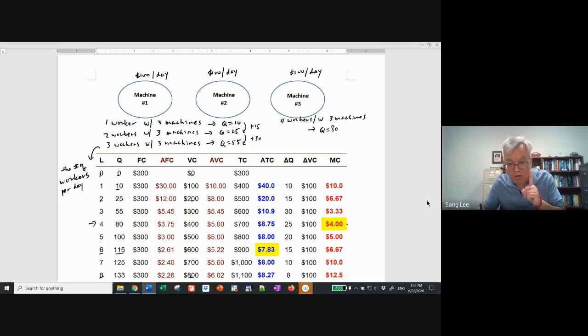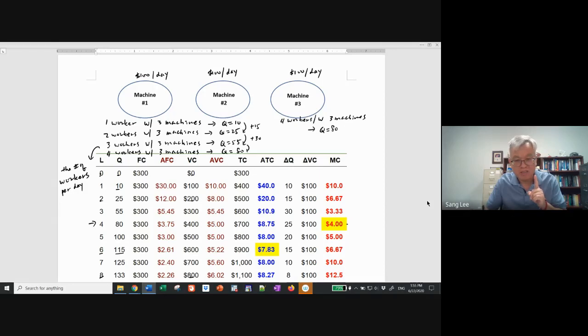But now watch it very carefully. When you add another worker, so let me write down here, it works better. When 4 workers are combined with the 3 machines, total output increases to 80.